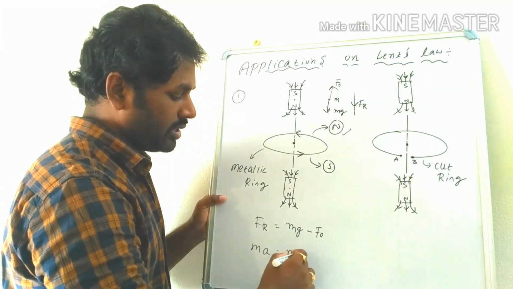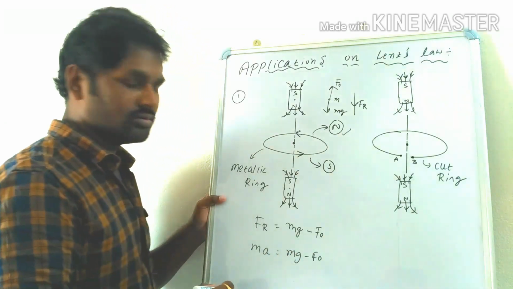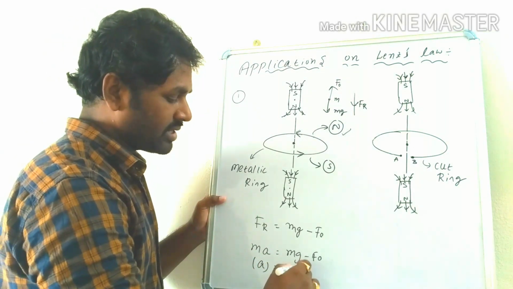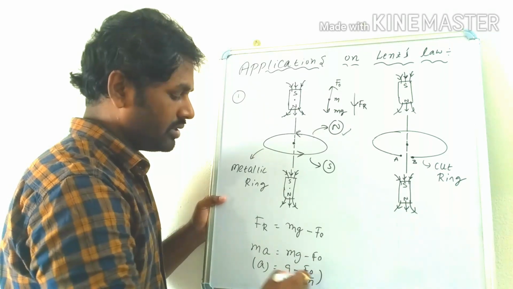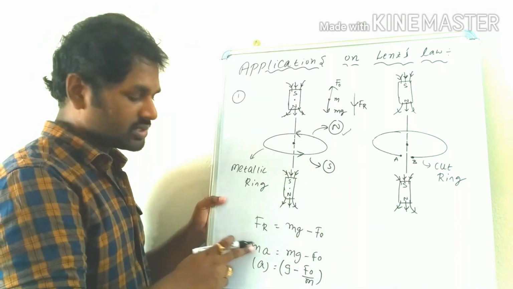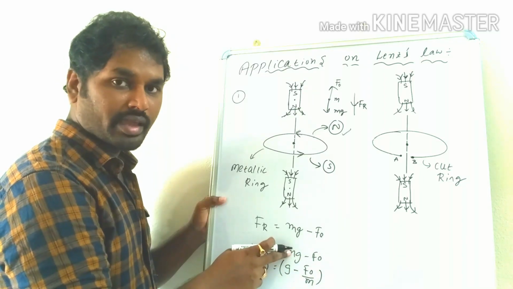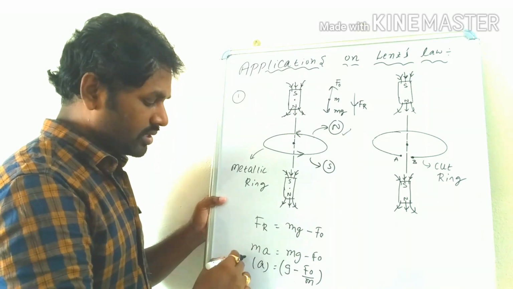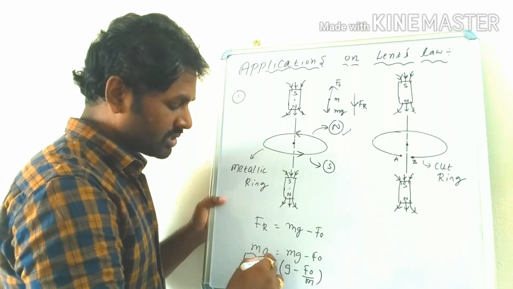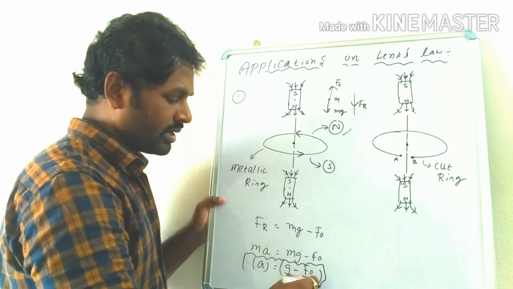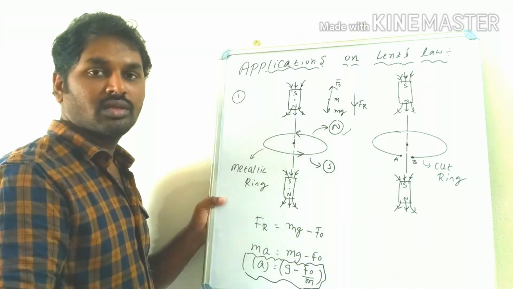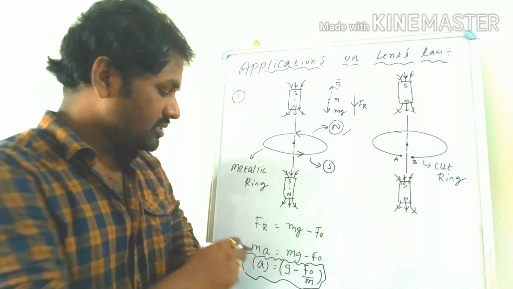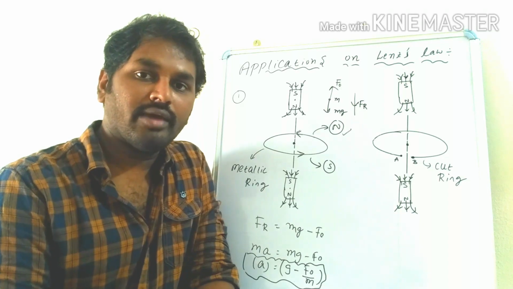That is equal to mg minus F naught, or we can write a is equal to g minus F naught divided by m. You can see this m is taken to that side, and m and m get cancelled. The second term comes as F naught by m. So altogether you get the acceleration of the magnet coming in the downward direction, towards the face of the coil, as a is equal to g minus F naught by m.